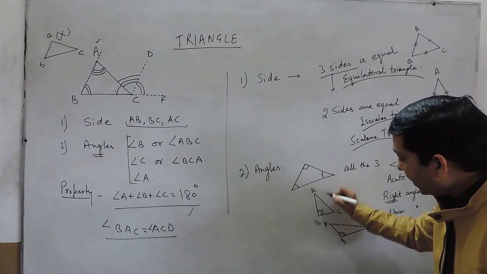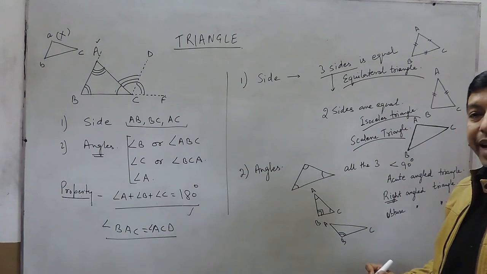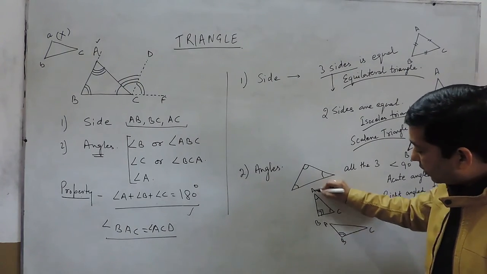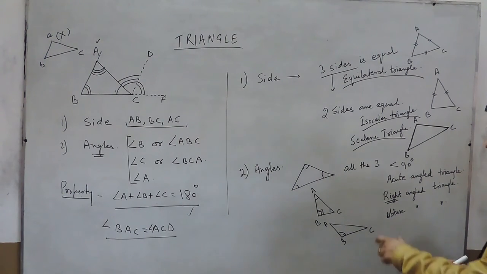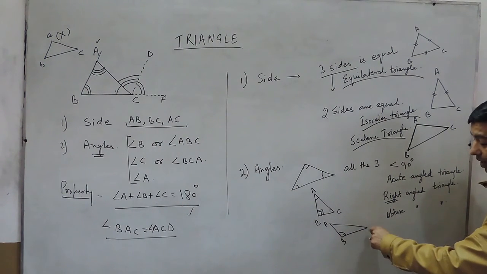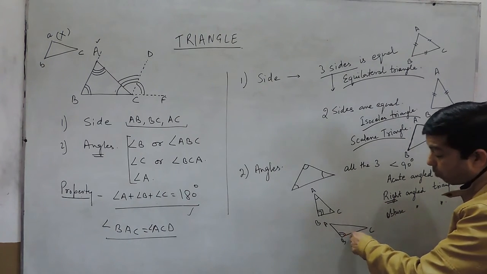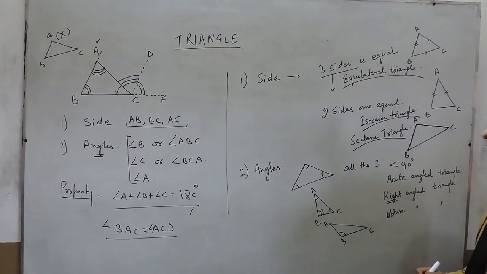So if one is 90 degrees, then the remaining two angles must be less than 90 degrees, so that the sum comes out to be 180. The same is the case with an obtuse angled triangle. Only one angle is possible which is more than 90 degrees, otherwise the triangle is not possible.